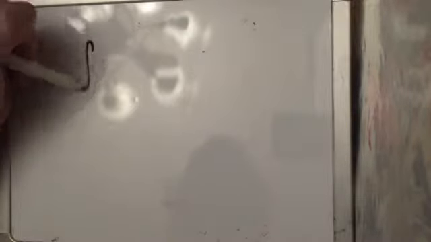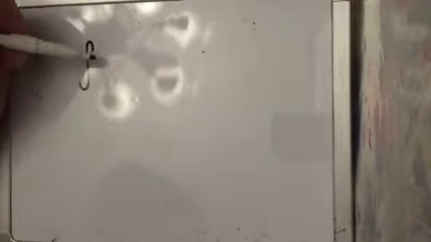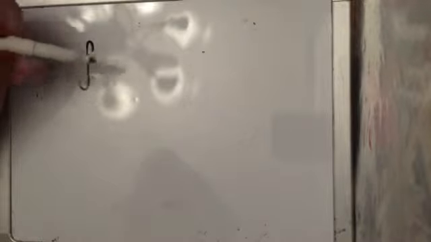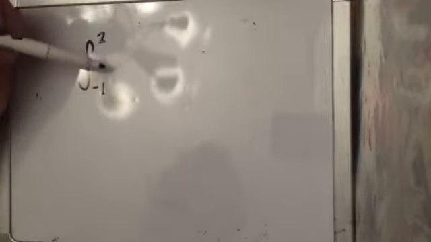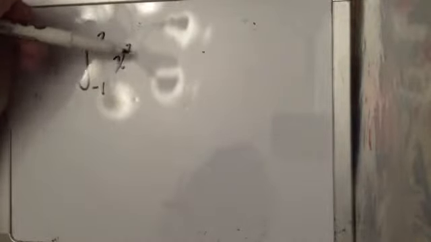So let's start with the definite integral from -1 to 2 of x squared dx.